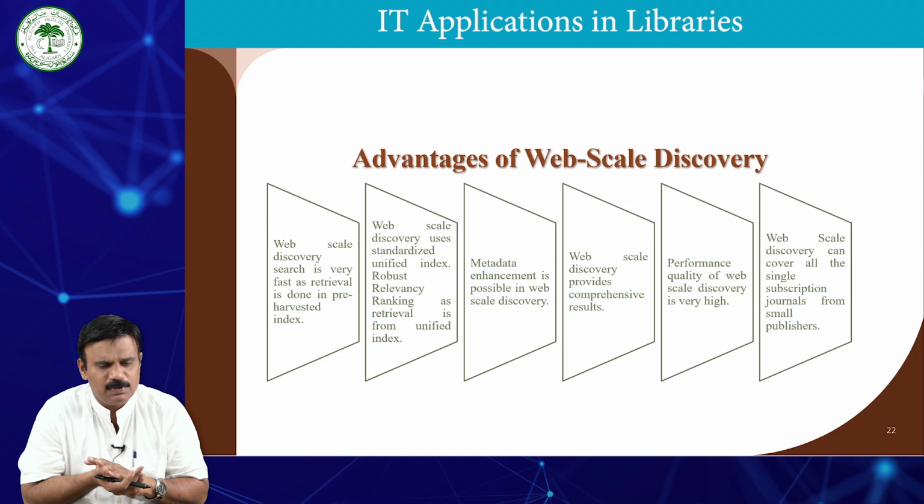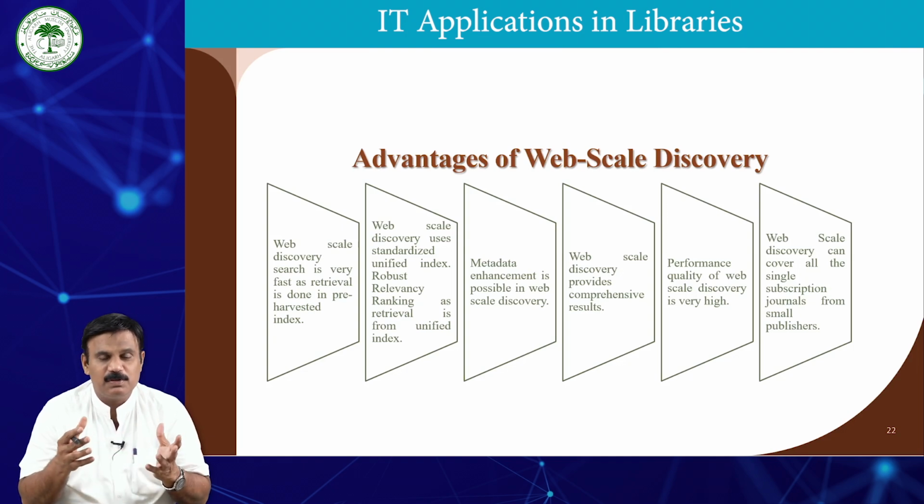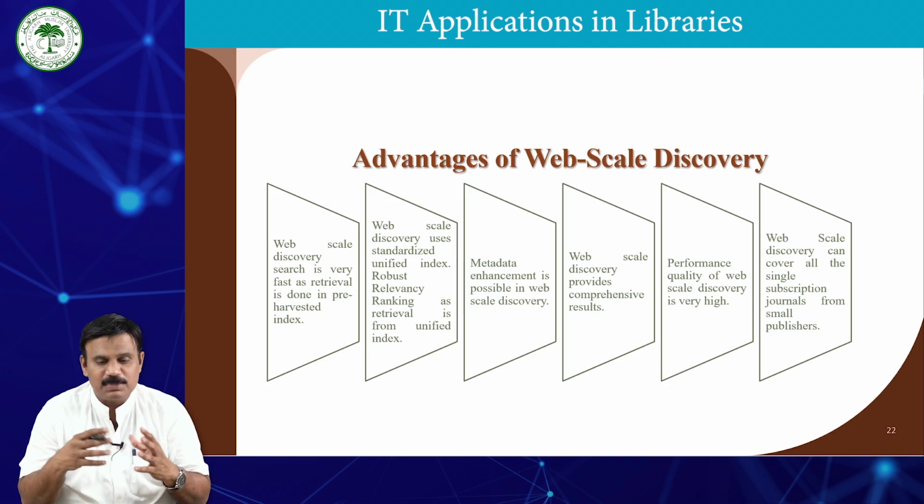Advantages of web scale discovery: we already mentioned some of the points. Web scale discovery search is very fast and retrieval is done on pre-harvested full text. It uses a standardized unified index. Another advantage is that metadata enhancement is possible in web scale discovery services. It provides comprehensive results.